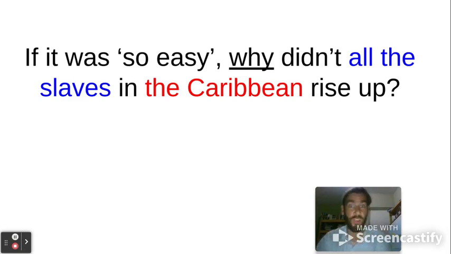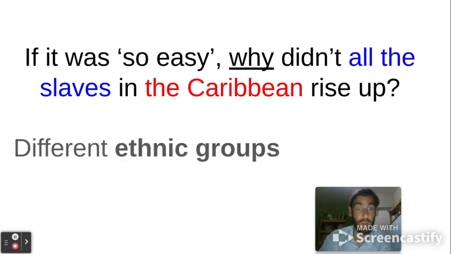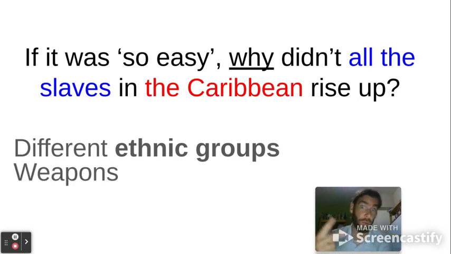And also a question that we talked about in the last video clip was, if it was so easy, why didn't all slaves in the Caribbean rise up? And there were different reasons for that. First, there were different ethnic groups from Nigeria, from Ghana, from the Congo, from Angola. Second, they didn't have access to weapons.